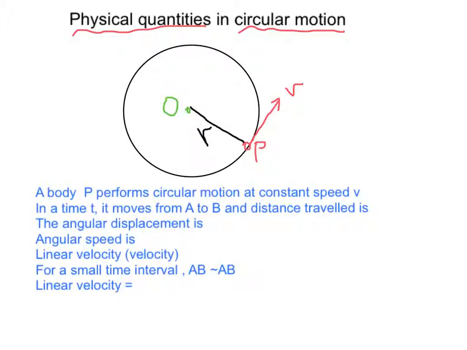If at time t it moves from A to B along this circular path, the distance traveled during time t will be the arc length of AB.